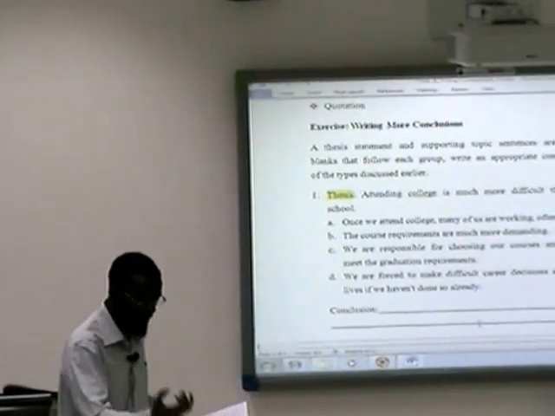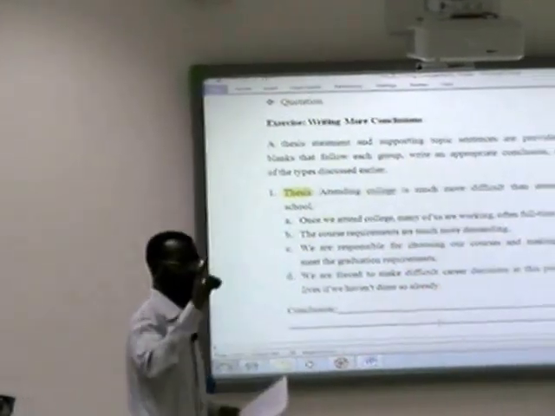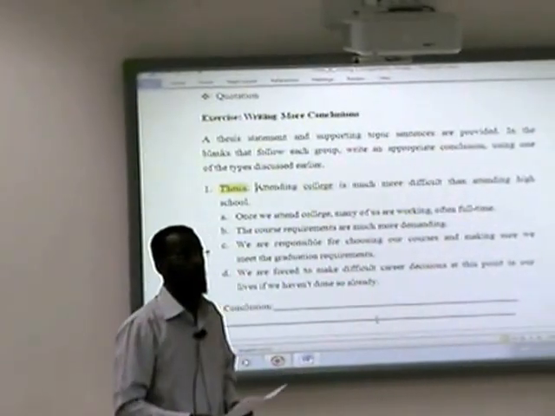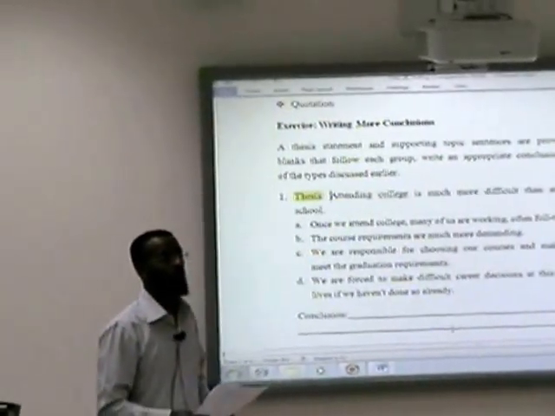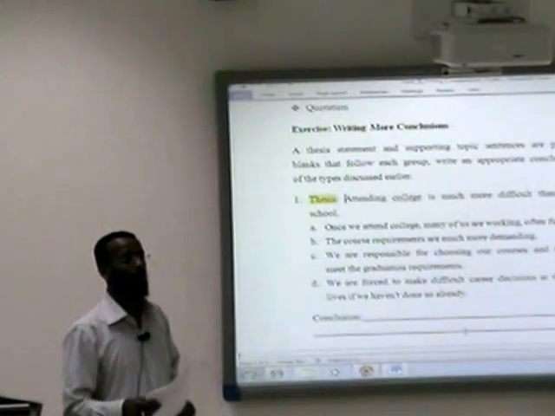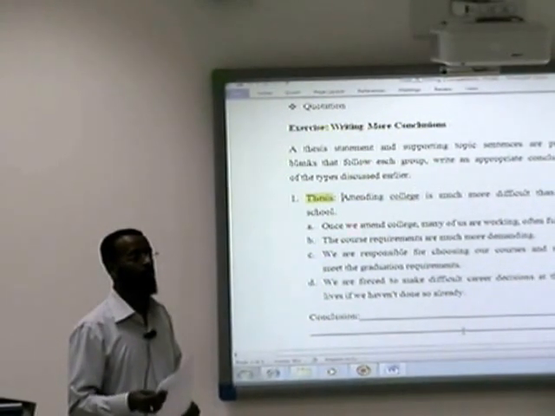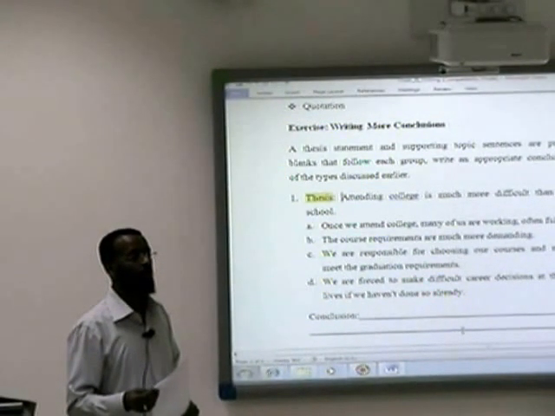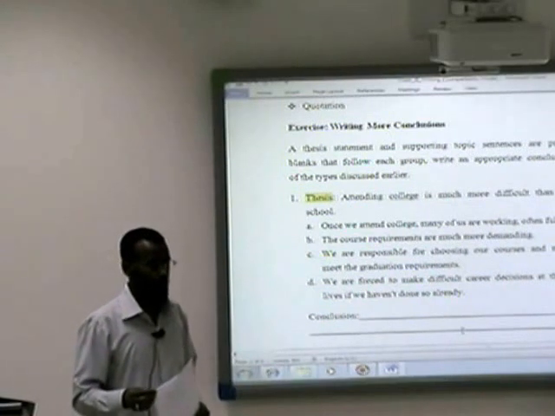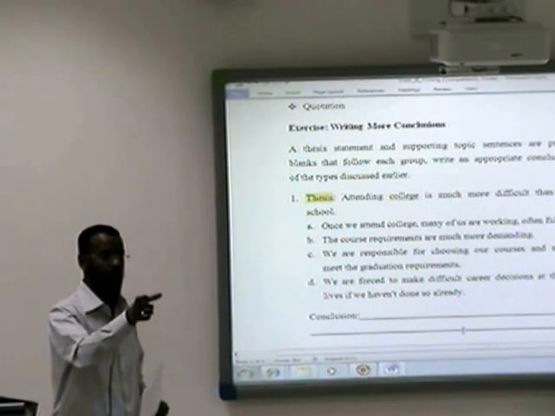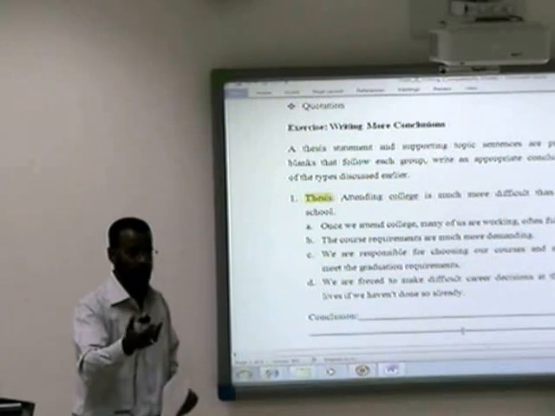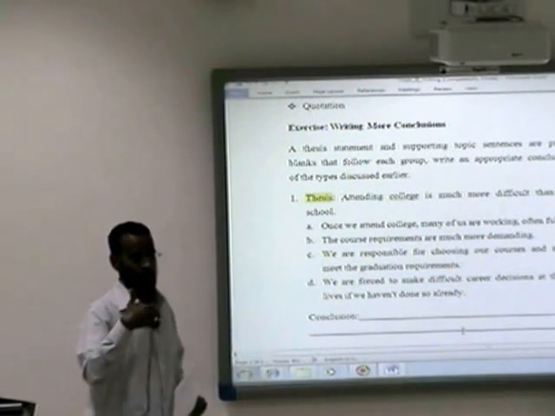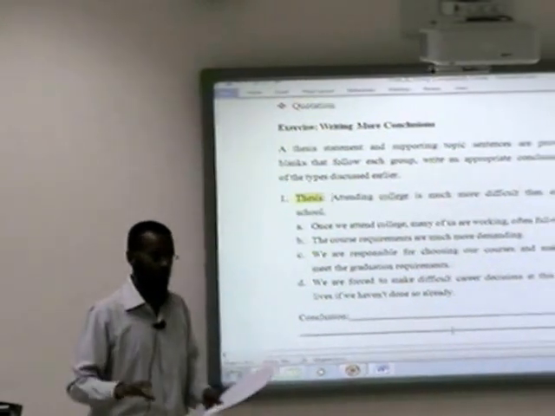You need to mention them briefly. Good, very good. But instead of the single word "therefore," use "in conclusion" or "to sum up," so the reader knows that this is the final paragraph.